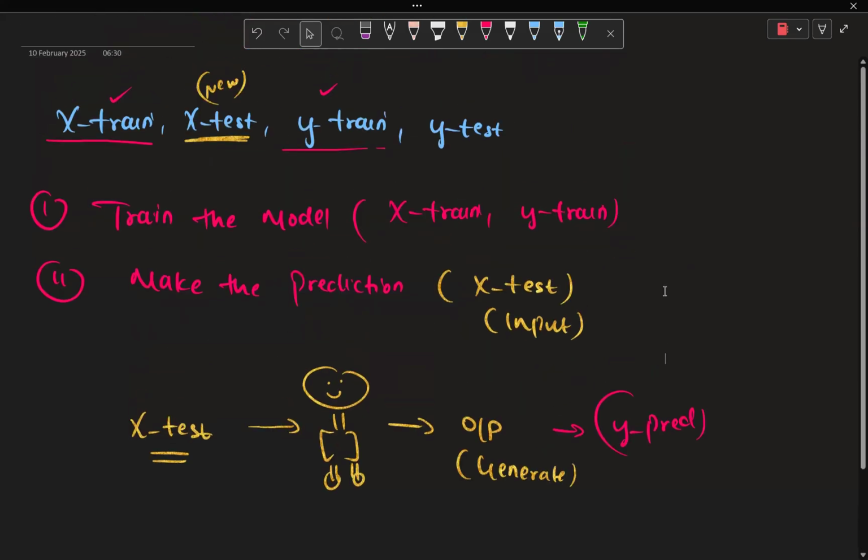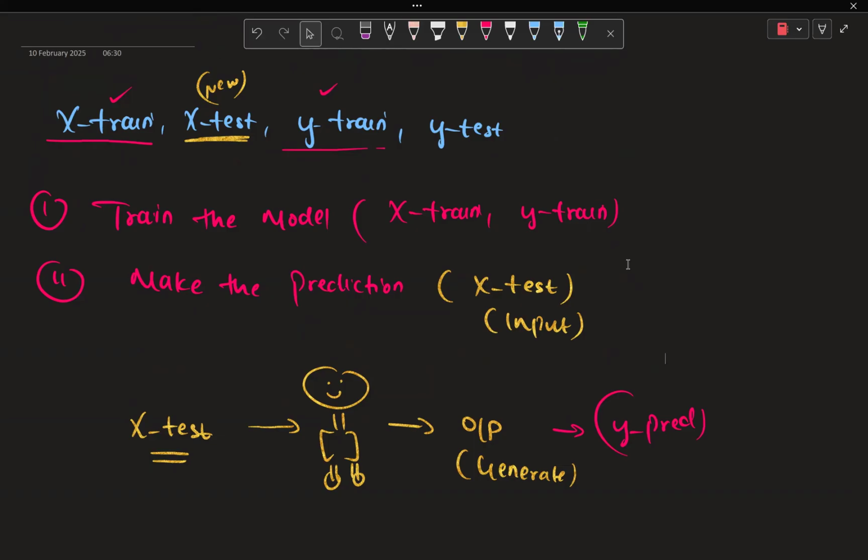I think in step number two, the prediction, we take X train and X test. So why do we take X test for step two? Because X train you have used already. Your model has seen everything.